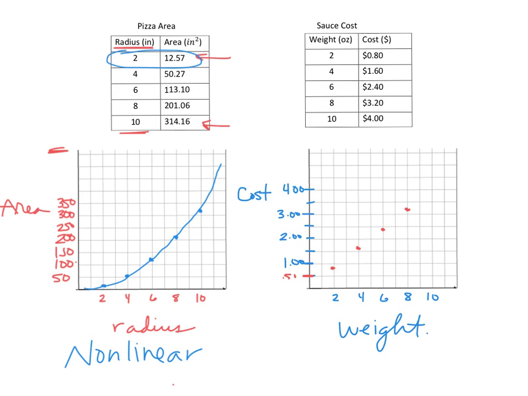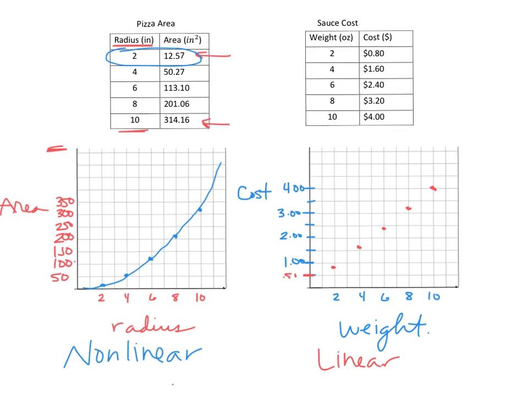And then 10 is $4. Linear or nonlinear? That's linear. That's making a straight line. Okay, so this is linear. Okay, questions on that? Okay, over halfway there. Next one.